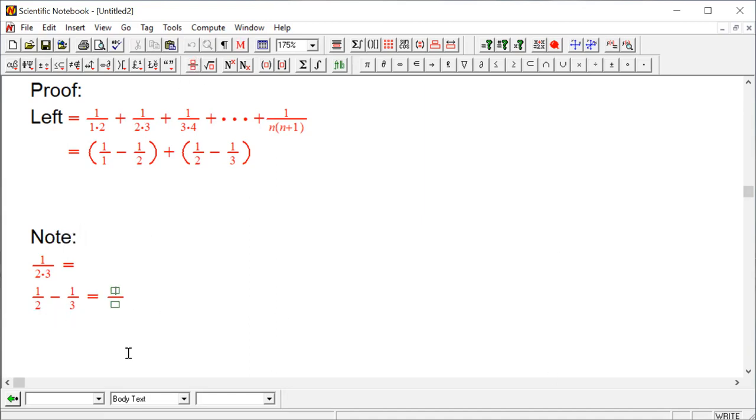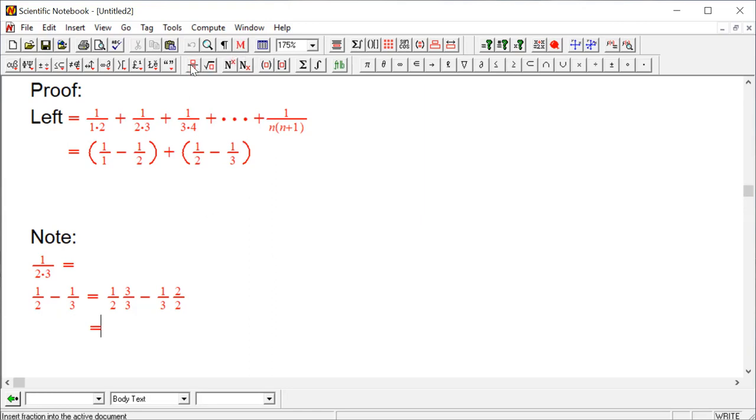If you put it on common denominator, right? So you have a 1/2. To make a common denominator, you times 3/3, and this is 1/3. You make a common denominator, you're going to multiply 2/2, right? And now you have the same denominator.